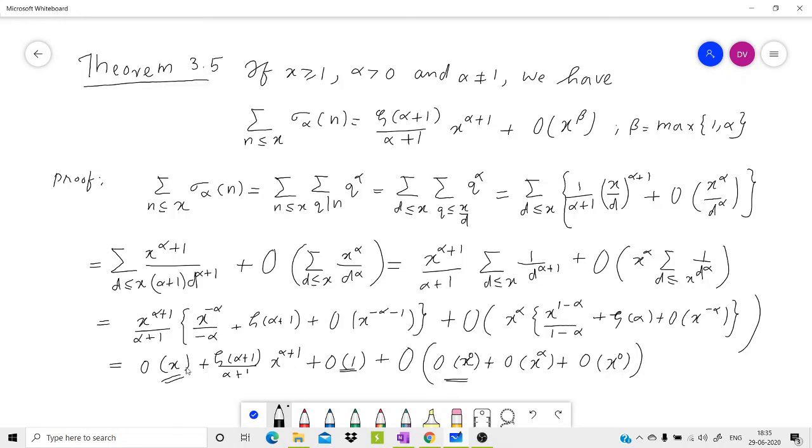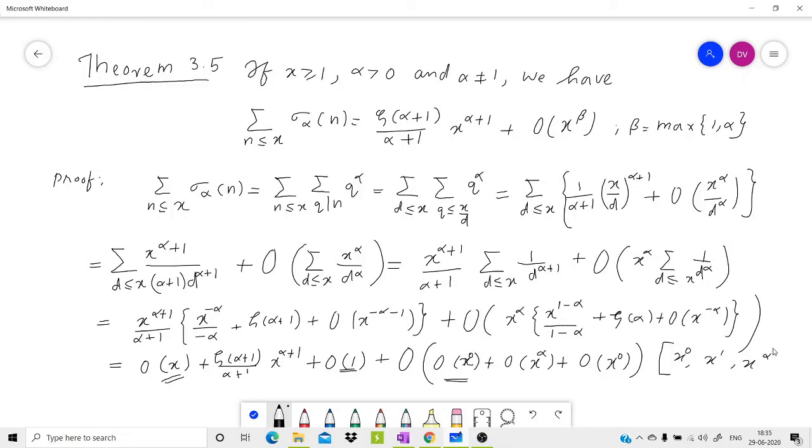Among these, we need to consider the domination function. So we need to consider the functions right here: x raised to 0, x raised to 1, and x raised to alpha. That is, x raised to 1 is this, x raised to 0 is this, and x raised to alpha is this.